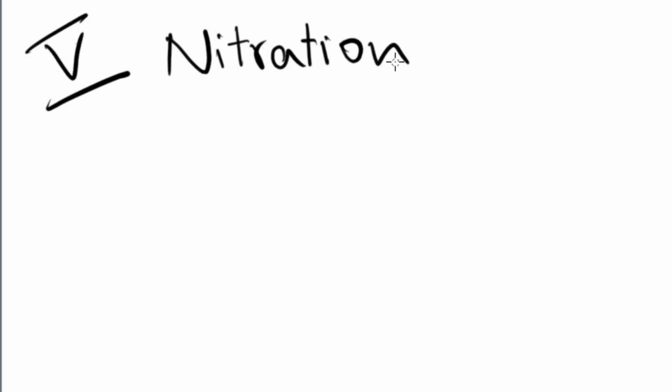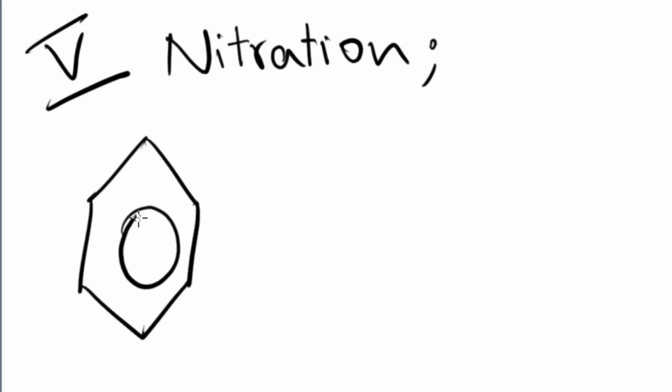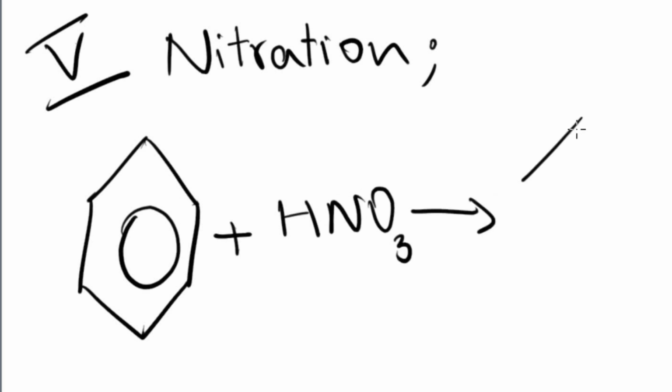Okay, the fifth type of reaction is nitration of benzene. So nitration is you take in nitric acid, which is HNO3. So it reacts in a very similar fashion to sulfonation of benzene, and you just get an NO2 on a carbon, let's say the second carbon, and you will get a nitrobenzene.